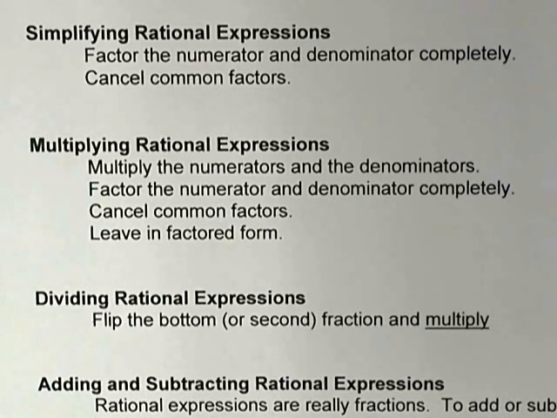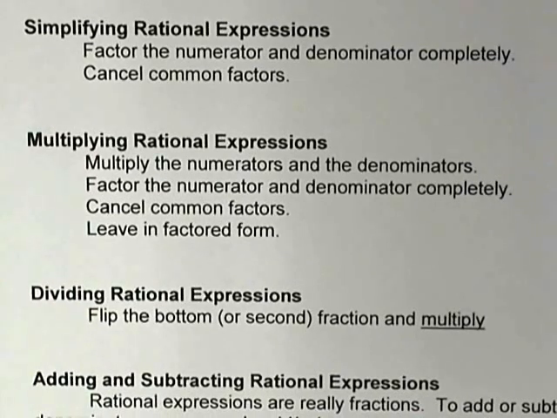That just means write it as a single fraction as opposed to two separate fractions, because all of this is going to be all about factoring. So then you factor the numerator and the denominator completely, cancel the common factors, leave it in factored form. We don't actually multiply when it says to multiply. Dividing rational expressions: flip the second fraction and multiply by factoring the numerator and denominator and canceling common factors.